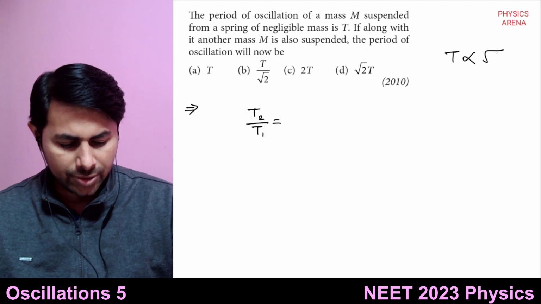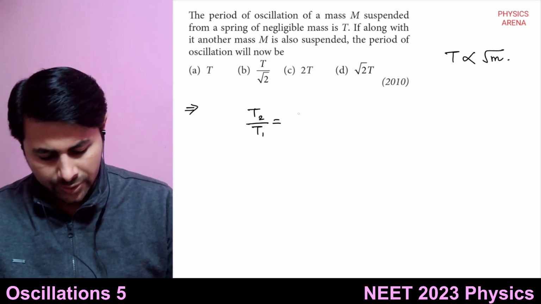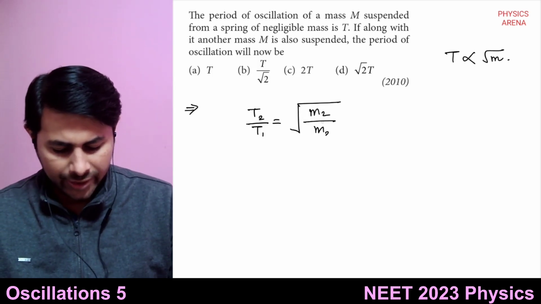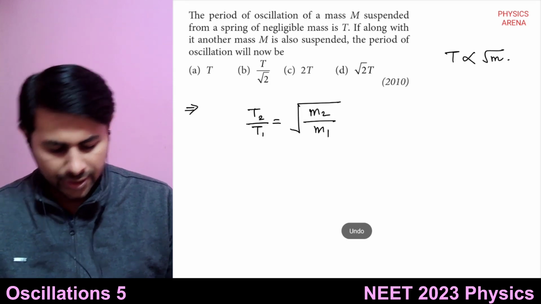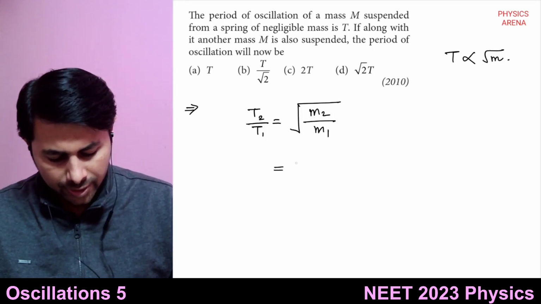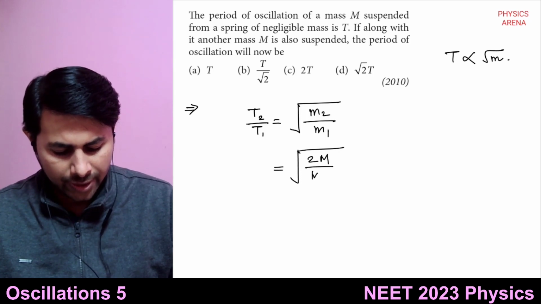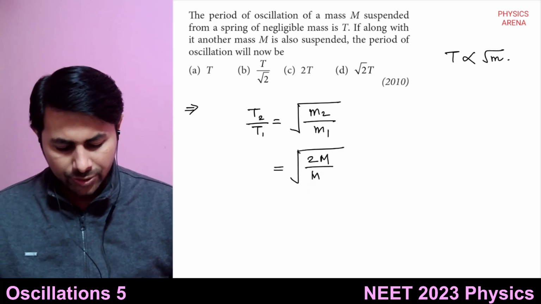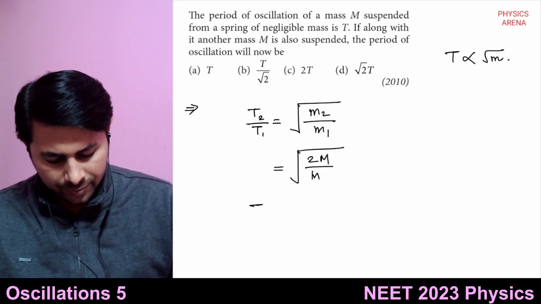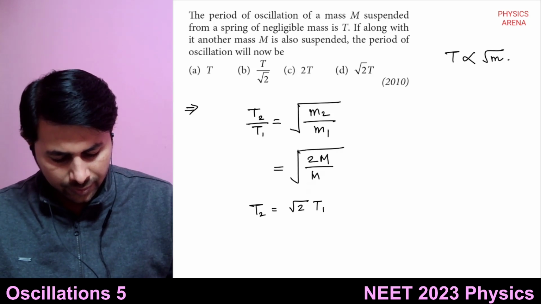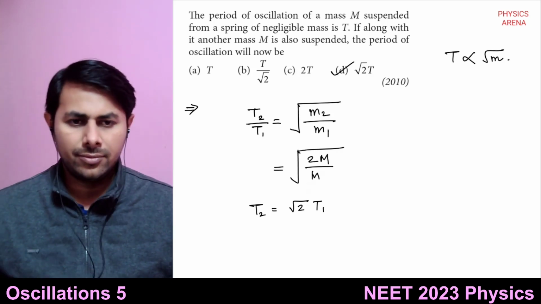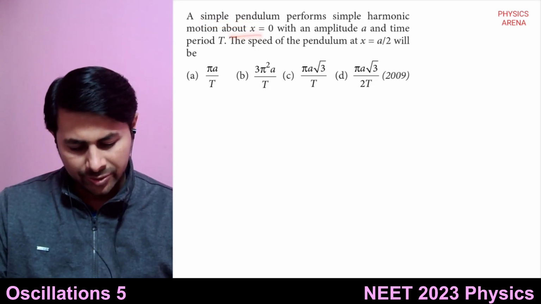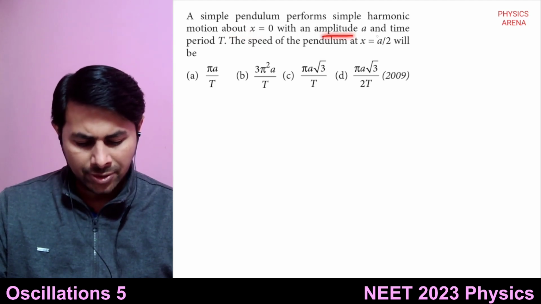Because T is proportional to root of m, it equals root of m2 by m1. So that is 2m upon m. m and m get cancelled out. So T2 equals root 2 times T1. Okay, option D.